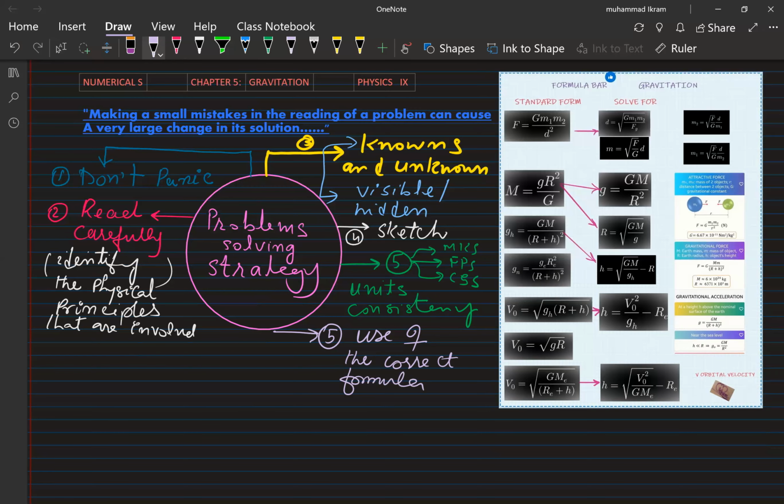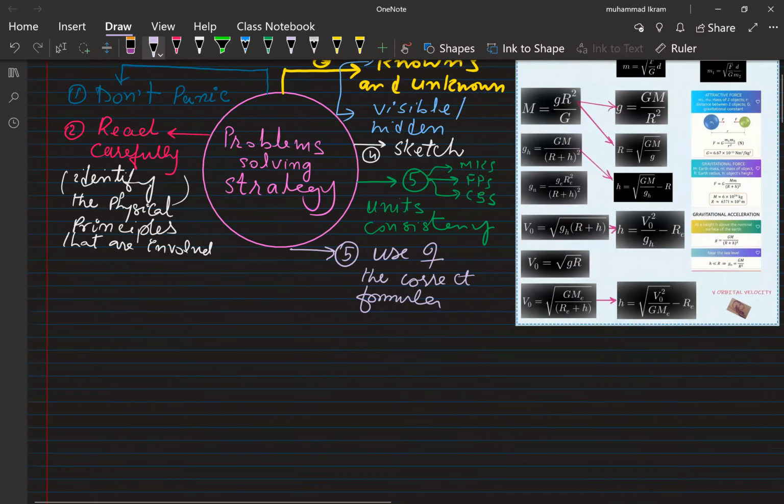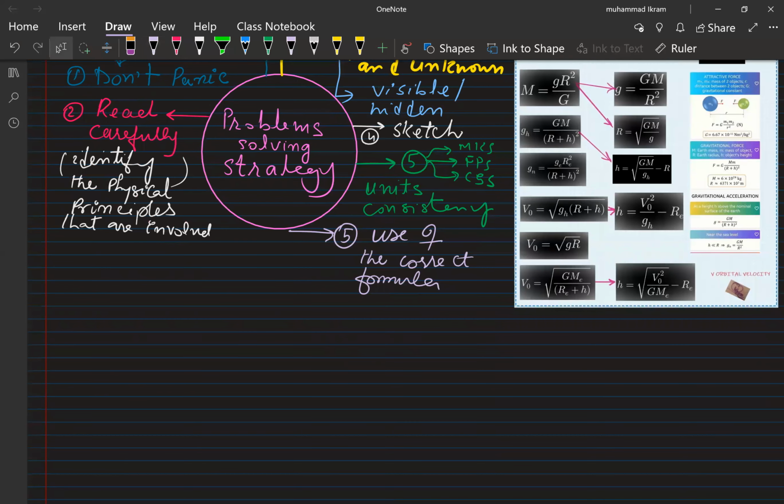And let me tell you one important thing: whenever you are in the examination, you must remember a few important things. The first thing which matters is your concept. If you have the concept, then the exam will not be a big deal for you.